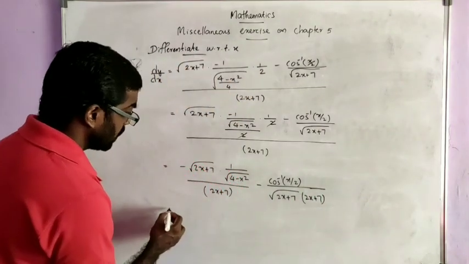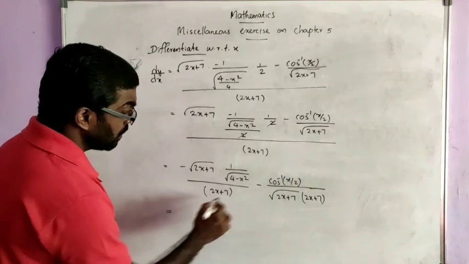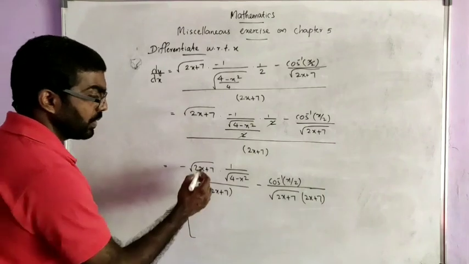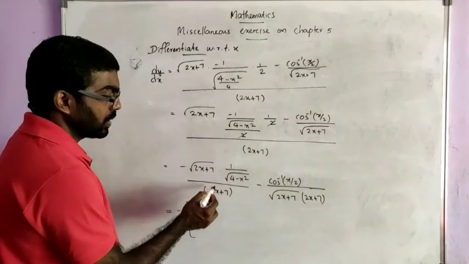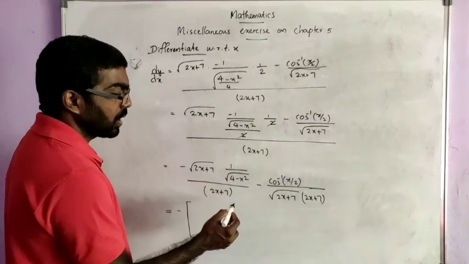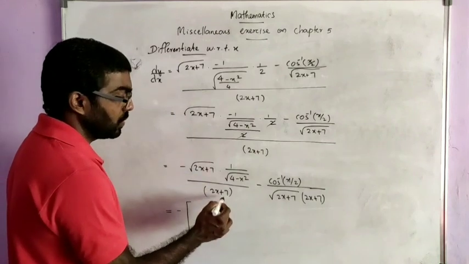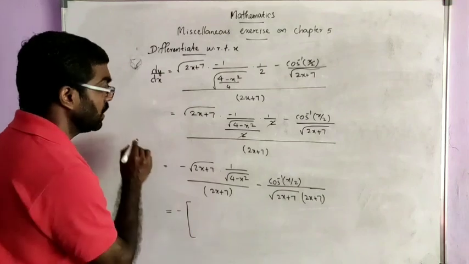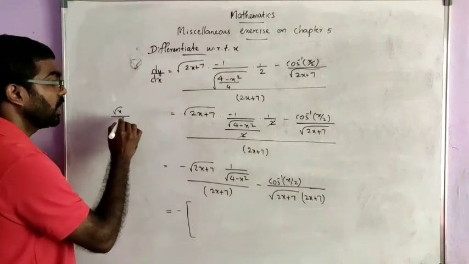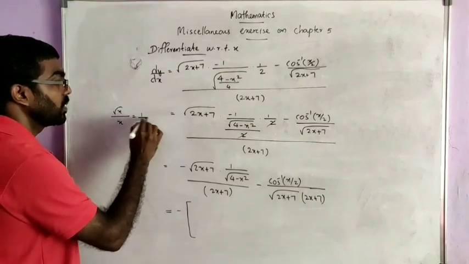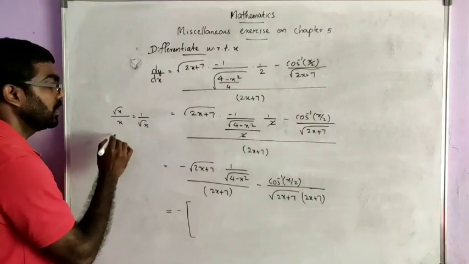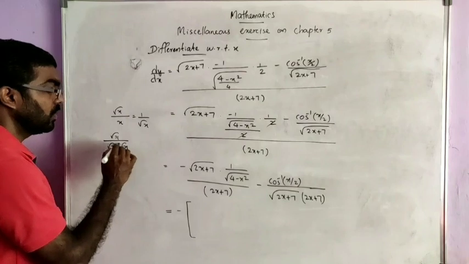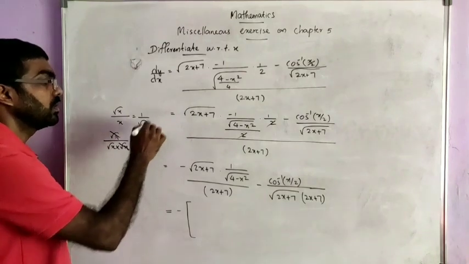Okay, so which is equal to, this minus sign we can take common, so minus of, in the first term here root 2x plus 7, denominator 2x plus 7. So if we cancel these two, the root sign will come on the denominator, that is root x divided by x, which is equal to what? 1 by root x. Since x can be written as what? Root x into root x. When root x and root x cancel, we will get what?